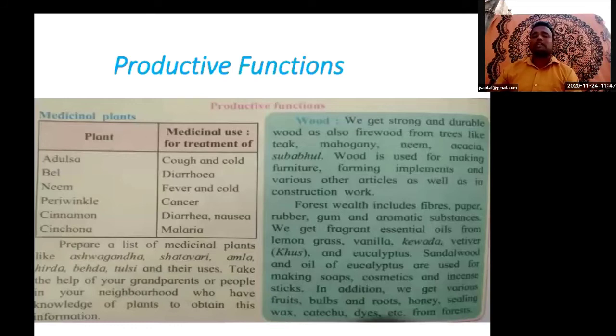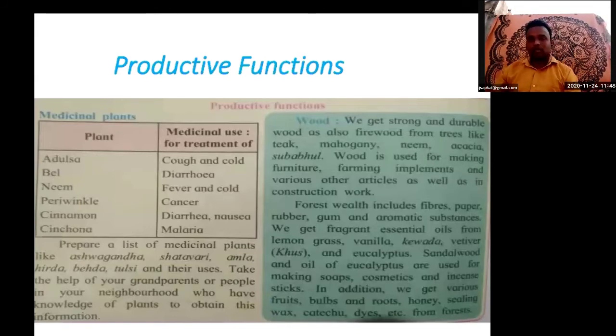Next production is wood. That is important. Wood is used to make furniture. We get strong and durable wood, as well as firewood, from trees like teak, then after harmony, then neem, subabul.